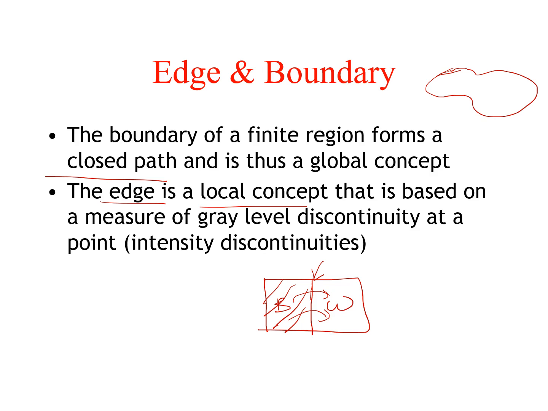Similarly, if this is a white area and you have a black point here, this is again a gray level discontinuity, right? There is a sudden change from white to black. So an edge is a local concept that is based on a measure of gray level discontinuity at a point. Gray level is also known as intensity. So intensity or gray level discontinuity.